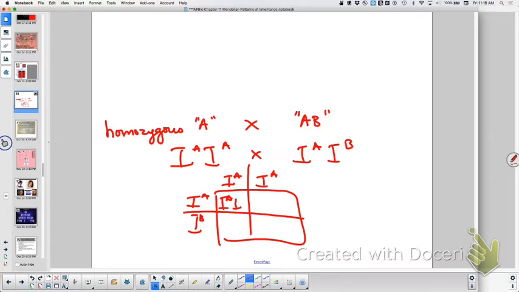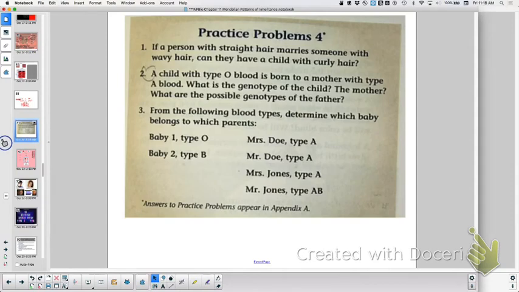I'm just going to give the phenotypes in here. This would be A, this would be A, this would be AB, and this would be AB. Is this what you got? Okay, good. And take a screenshot. I have some practice problems related to that right here.